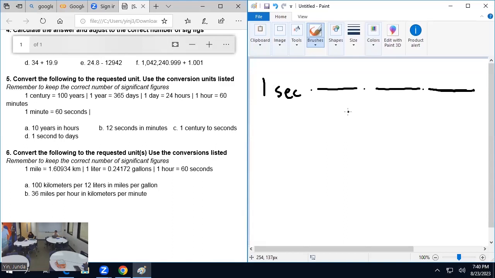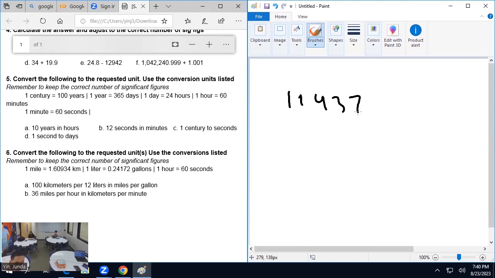Okay. So say you're given a number 11437, and we want to convert it into scientific notation.